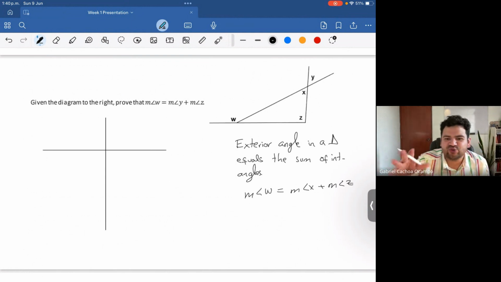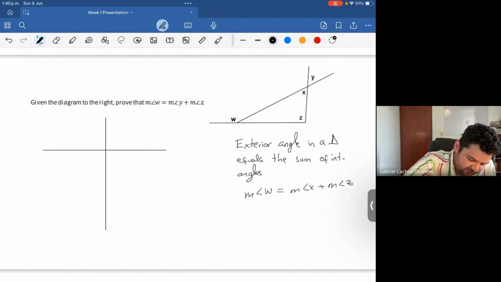We don't need to rewrite this proof again; now we can just invoke it. And then we can see very clearly that the measurement of angle X is the same as the measurement of angle Y because they are vertically opposite. And then we can use the substitution property.